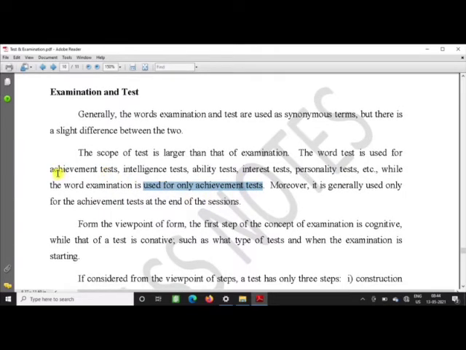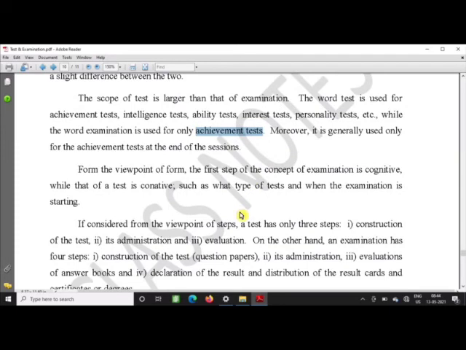And achievement test, I have already explained in my earlier classes and in my earlier video also. I will not explain again and again. Examination also is an achievement test. This explanation I have given already.